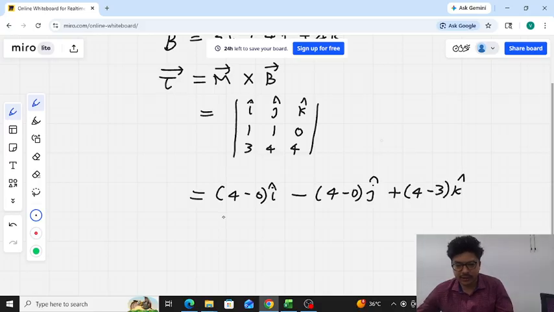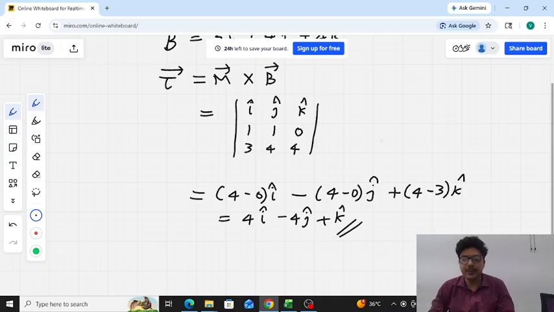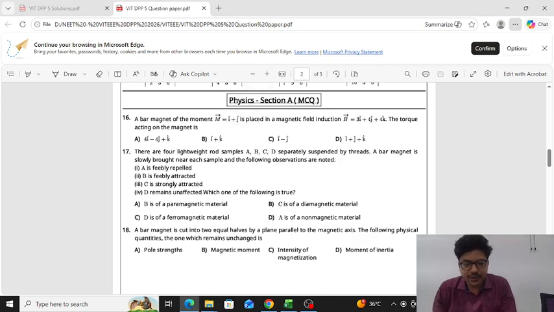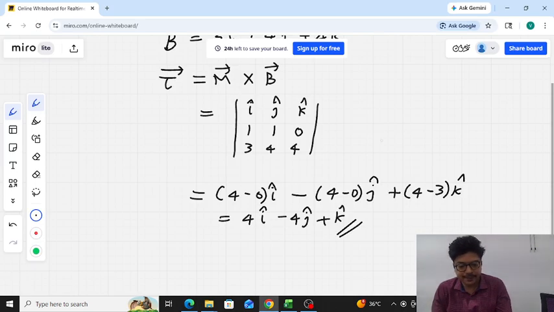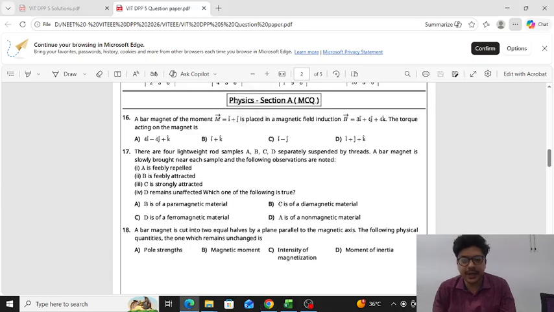So this will be equal to 4i minus 4j plus k. So this is the answer, 4i minus 4j plus k, option A. Option A is the correct answer for this question.